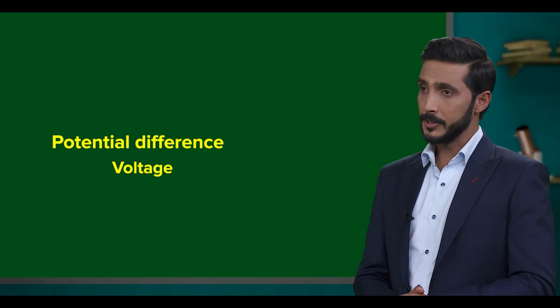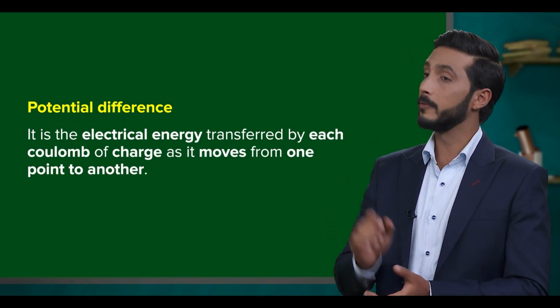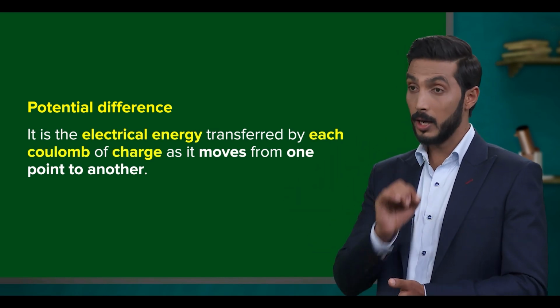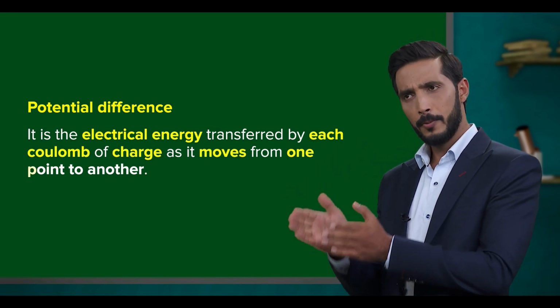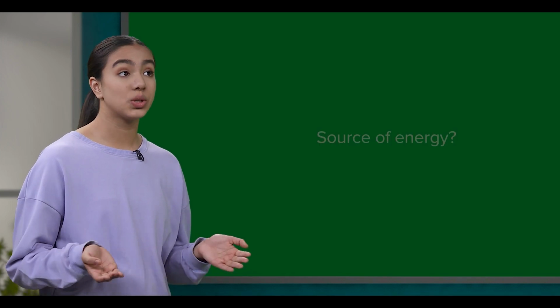The potential difference between any 2 points in a circuit is a measure of the electrical energy transferred by each coulomb of charge as it moves from one point to another. I see. Then, teacher, where does the source come into the picture? Good question.